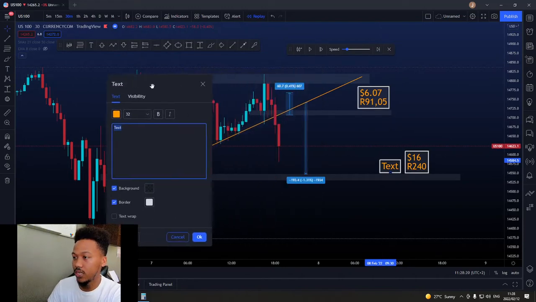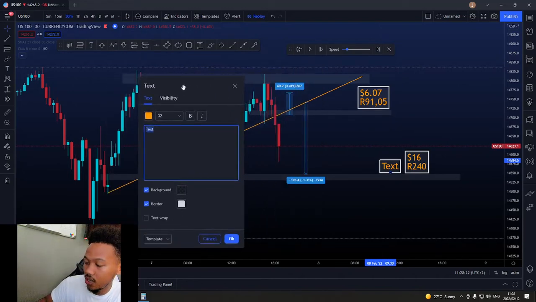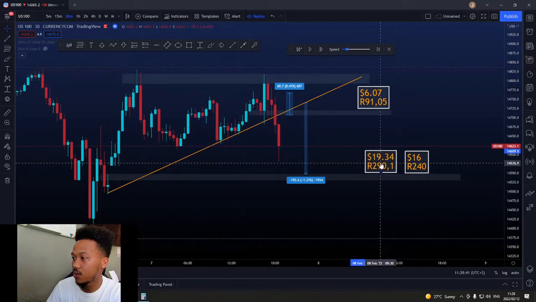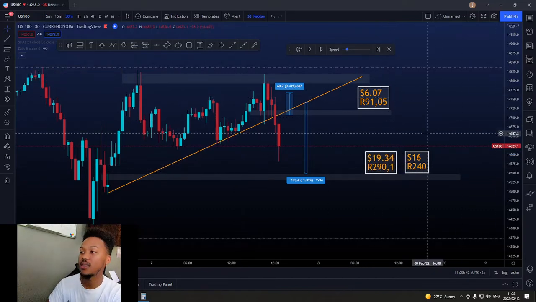Let's accommodate for the dollar account first. The dollar account would be 19.34, and then the ZAR account would be 290 ZAR.